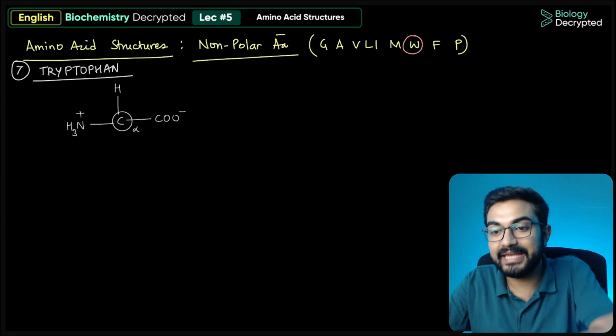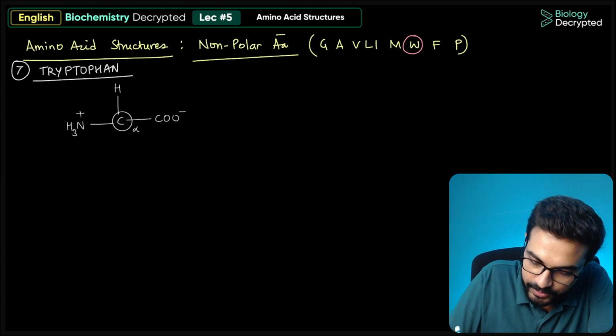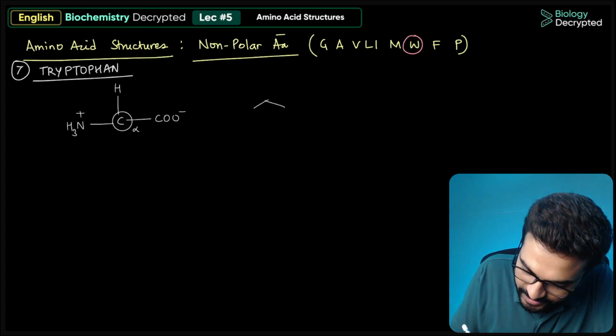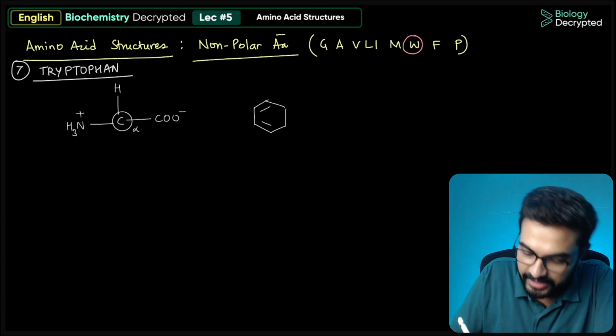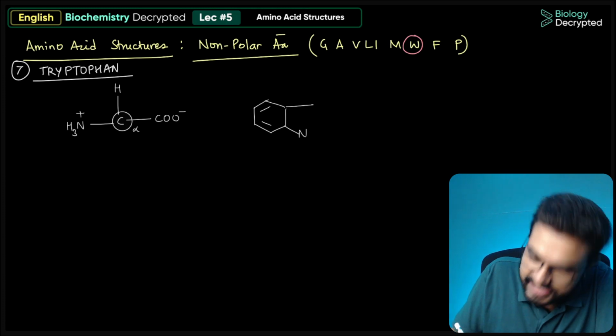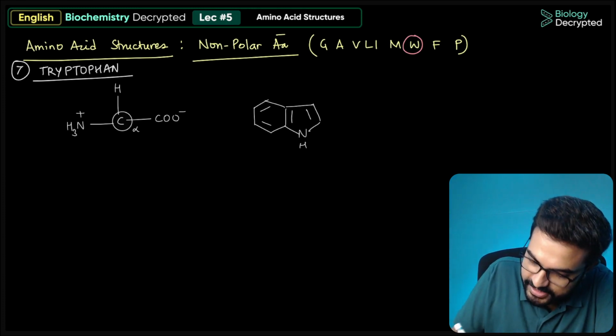Tryptophan has a very important structure. Let me tell you about it. Here there will be a benzene ring. To it, we'll have a 5-membered ring attached. This 5-membered ring is of pyrrole. Very important.